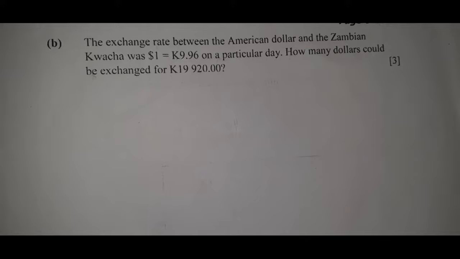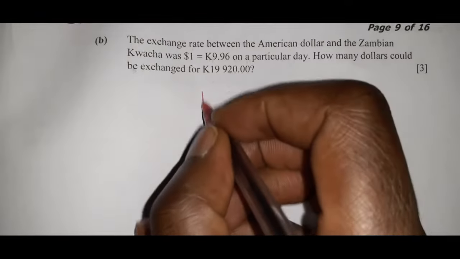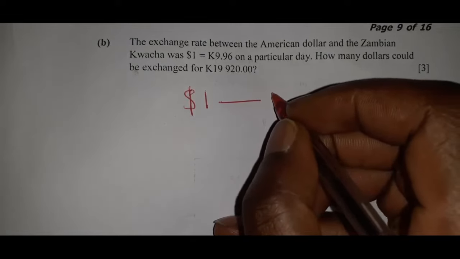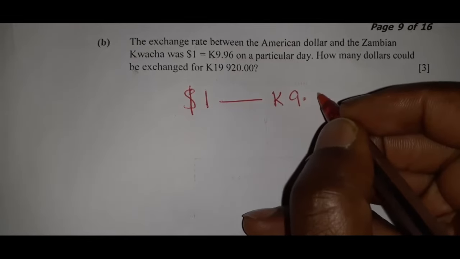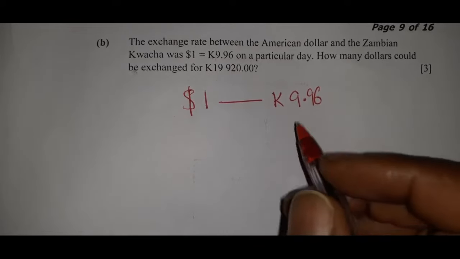How many dollars could it be exchanged for? Okay, so this can be just $1 is equals to 9.96.